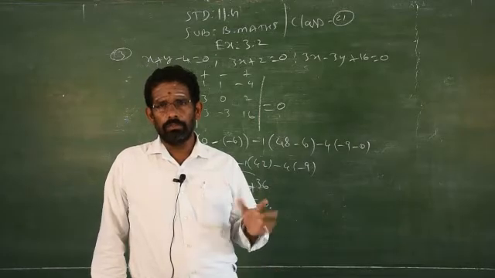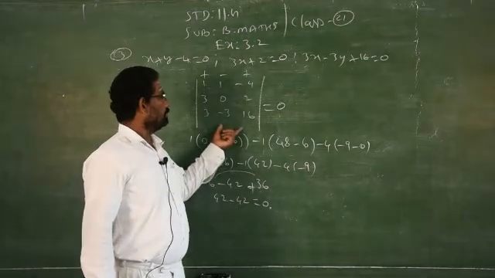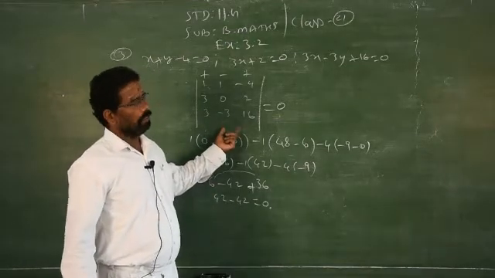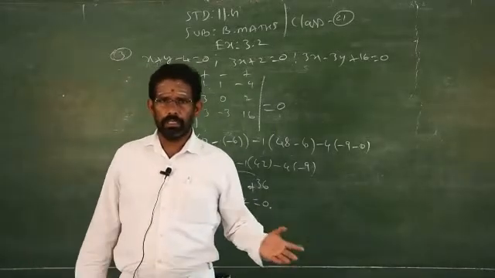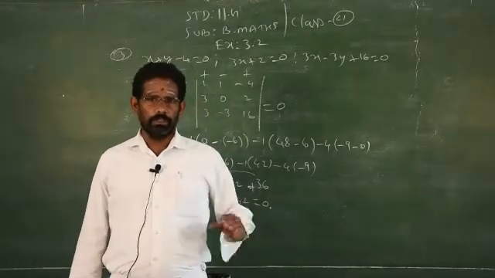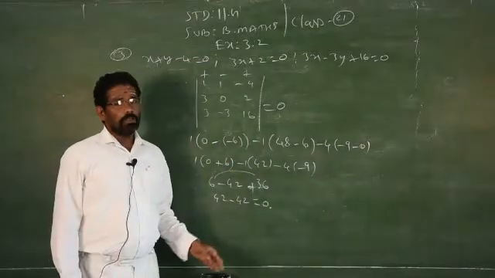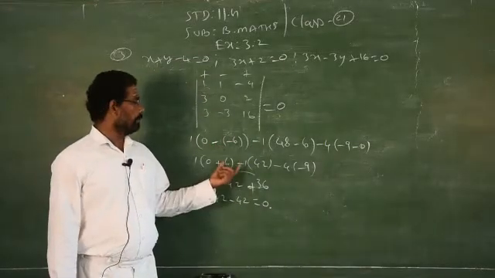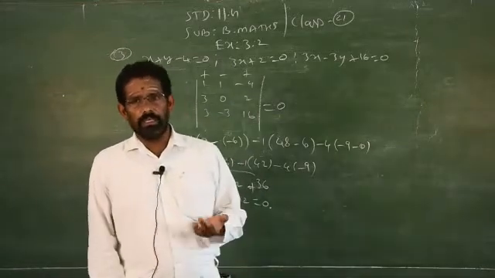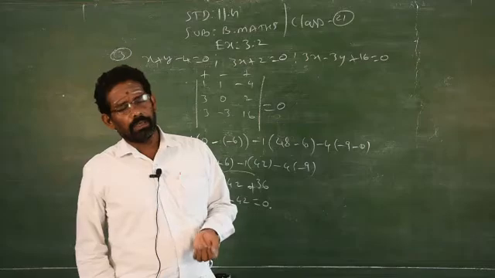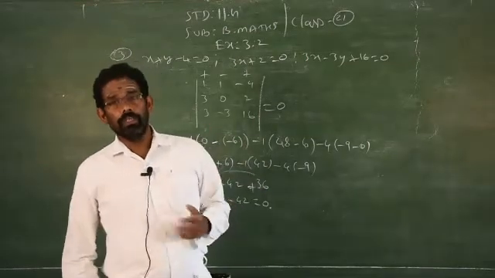So you choose yourself which method is easier: the determinant method from the matrix model, or the 10th standard substitution, elimination or cross multiplication method. Your wish, you can follow any one method, but you have to show that the determinant is equal to 0 if you use the matrices method, and if you use the 10th standard method, the third equation should be satisfied by the values obtained from the first two equations.